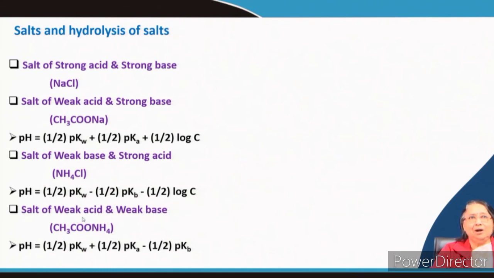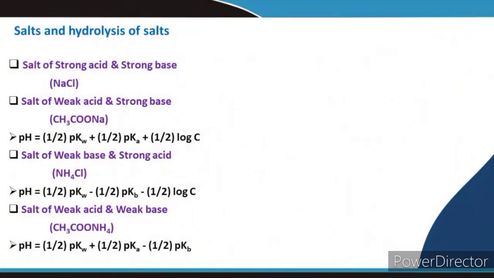Depending on how weak they are, the overall pH will depend. Depending on the strength of this weak acid and weak base, you have to calculate and see what the pH of the solution is coming.